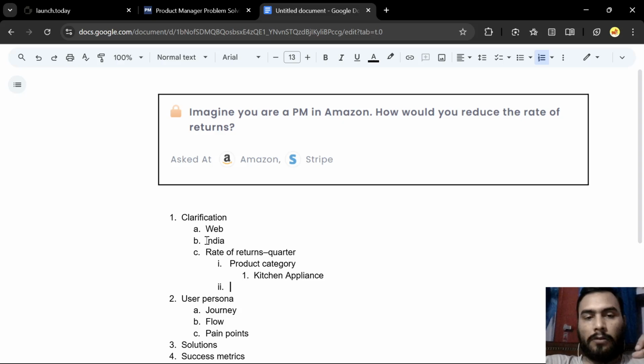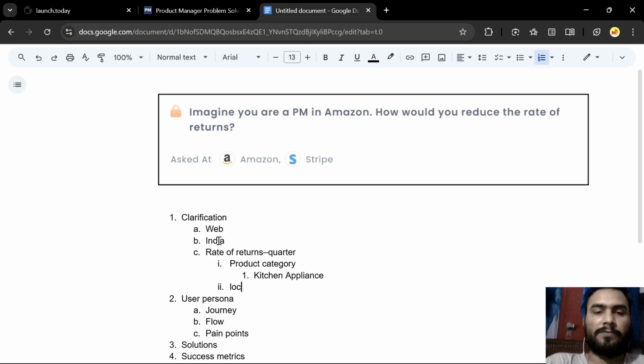Although we took the geography of India, within it we can choose to go further and see if these returns are specific to a particular location.